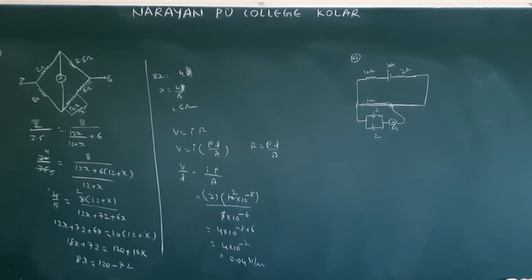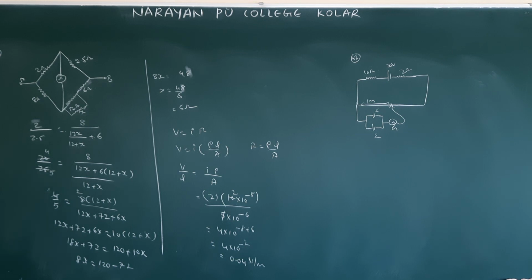A wire of length 4 meters and resistance 8 ohms is joined in series with a cell of EMF 20 volts and internal resistance 2 ohms. All those are there in the circuit. A resistance of 10 ohms is also connected in the primary circuit.